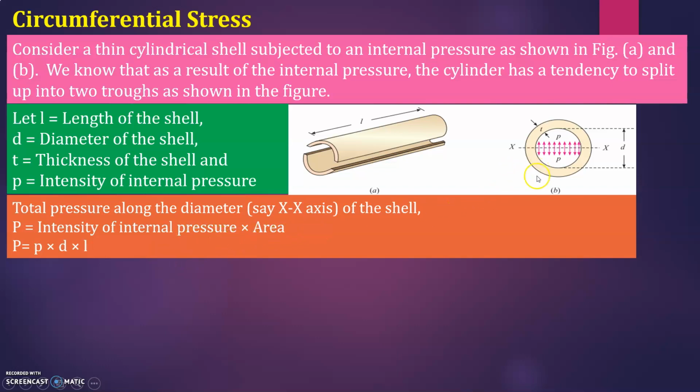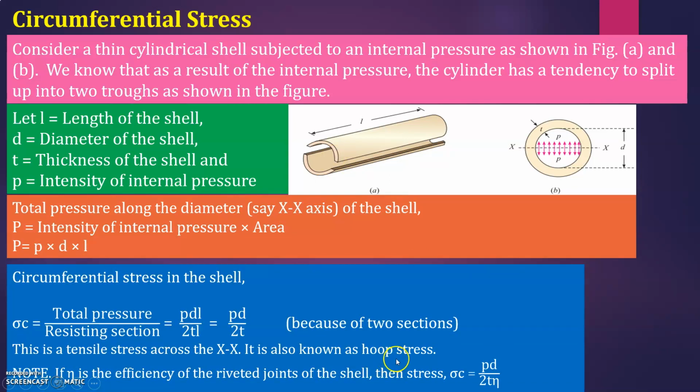The intensity of internal pressure is P, and the area is D into L, the area of one cylinder trough since it is split into two troughs. So the total pressure is P into D into L.